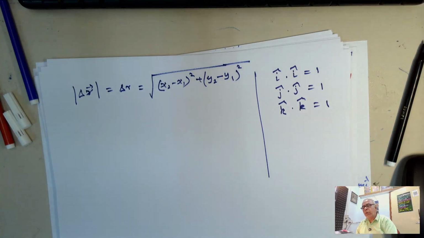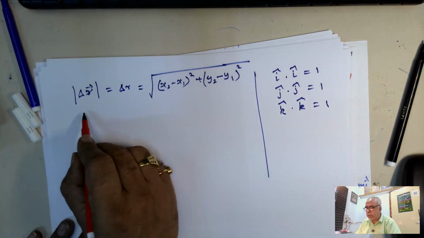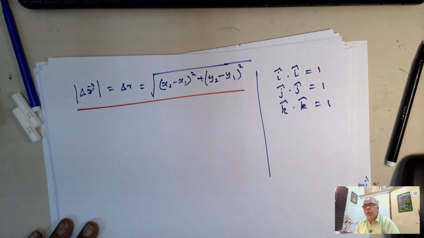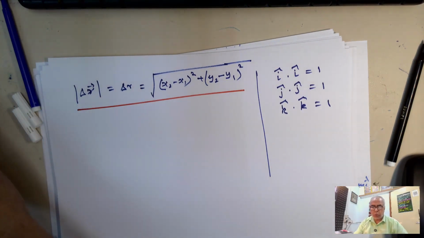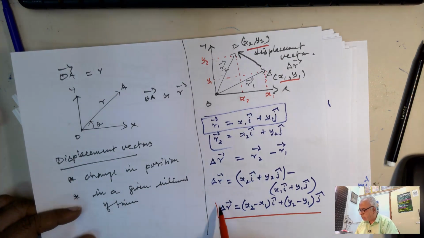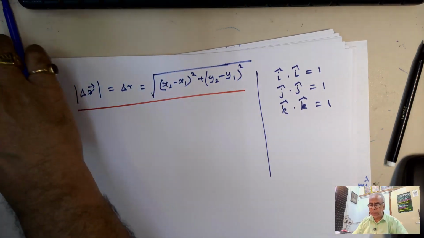Now I was explaining about the displacement vector. This displacement vector is given by this formula. Got this point? And this is the magnitude, and this one is the vectorial representation. Don't forget this. This is the magnitude because we have taken the square.